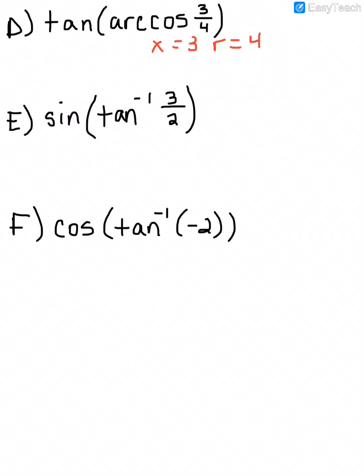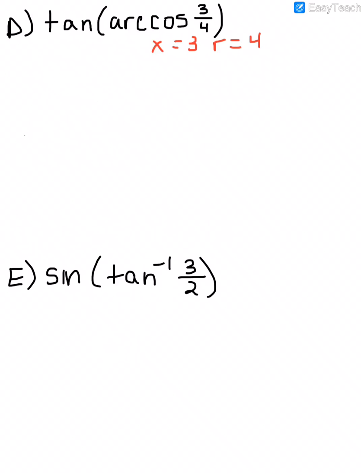Okay, so if we do the Pythagorean theorem to find this out, and I see that we have a 3 and a 4, but don't get that confused and think that this is a 3, 4, 5 triangle, because in a 3, 4, 5 triangle, the radius is 5. Well, in this case, it's 4. So let's plug this into the Pythagorean theorem. x squared plus y squared equals r squared. So my x is 3, so that would be 3 squared plus y squared equals, my r is 4, so that's 4 squared.